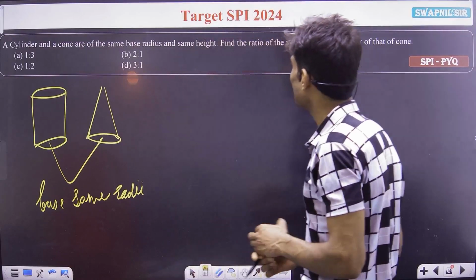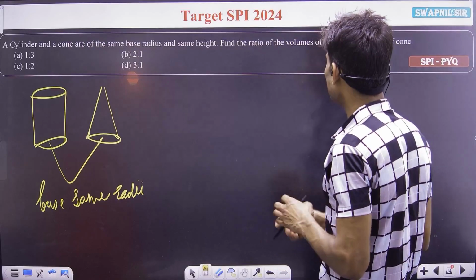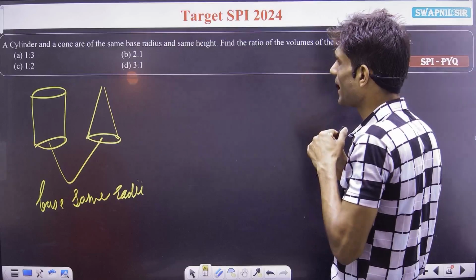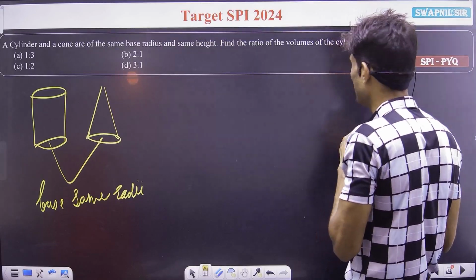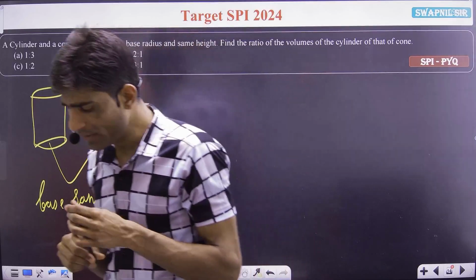Then we have to find the ratio of the volume of the cylinder to that of the cone.